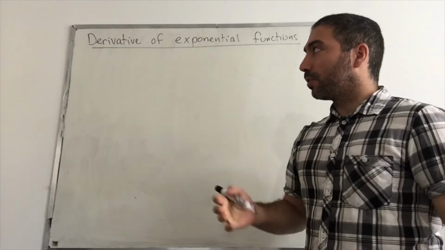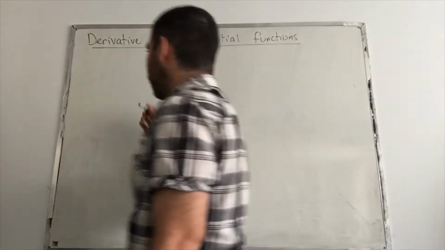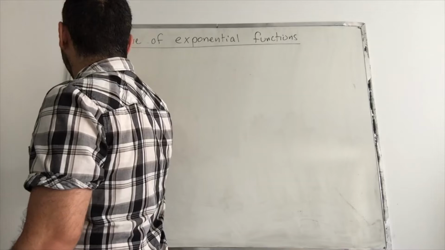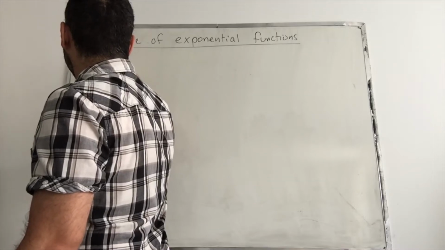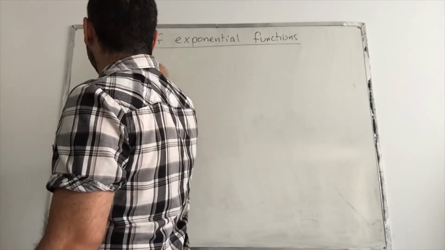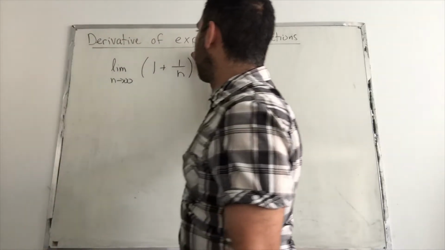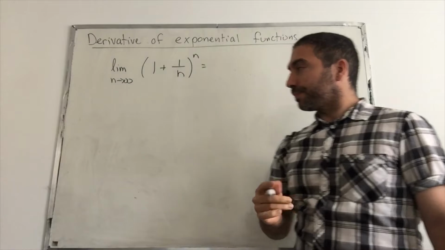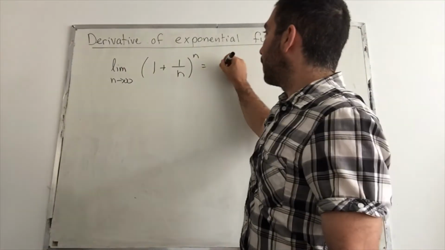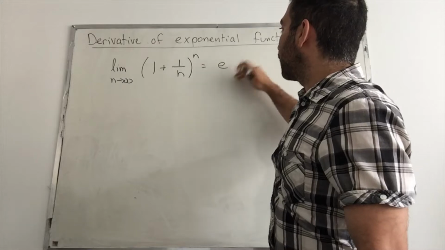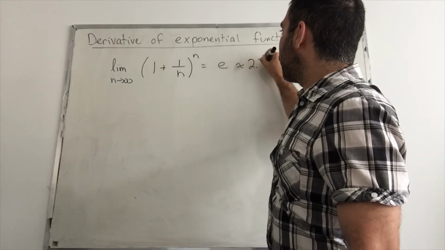The first limit that we're going to talk about is the fact that the limit, as n goes to infinity, of 1 plus 1 over n, all this to the exponent n, is equal to e, which is approximately 2.718, and so on.